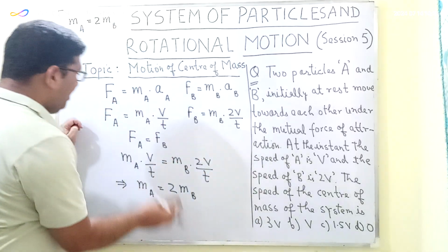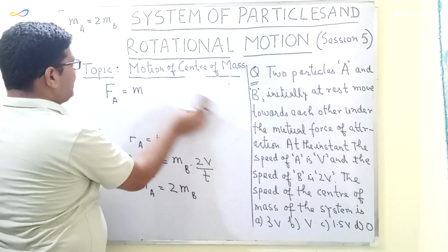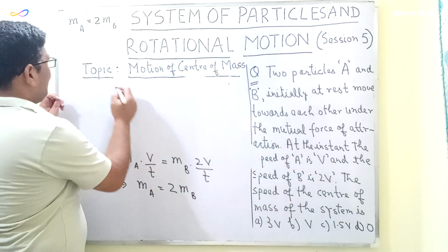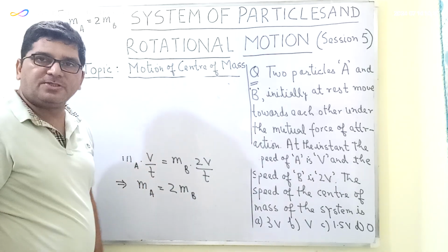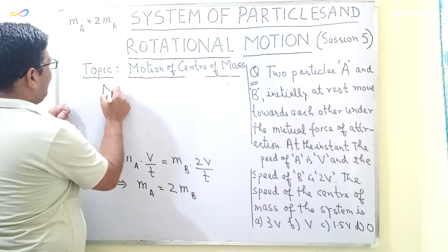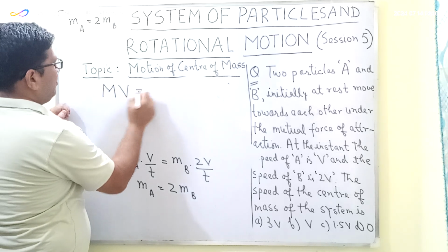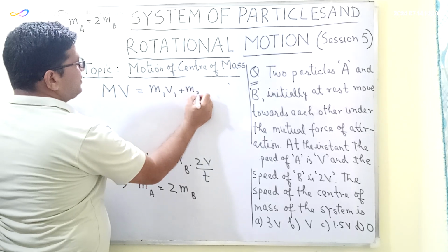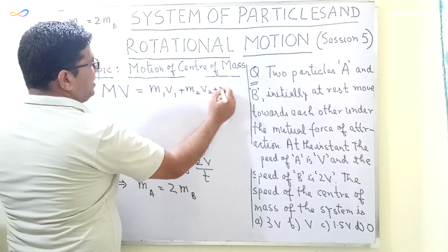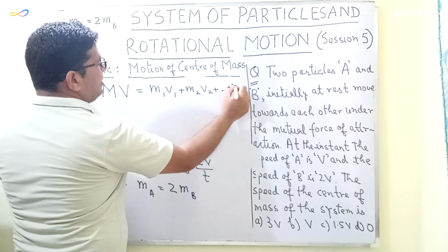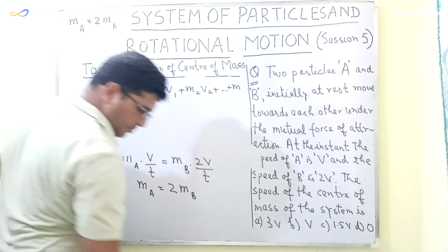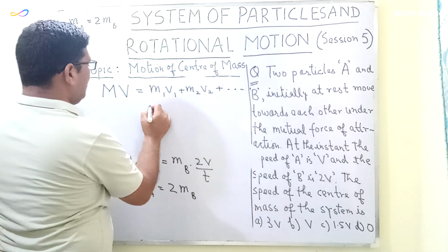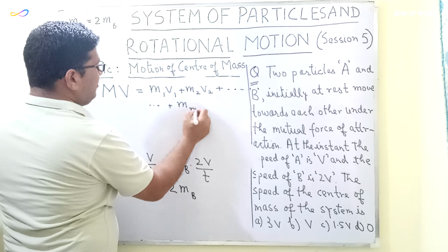Now in the previous session, that is session number 4, we have learned that the velocity of the center of mass is given by Mv is equal to m1 v1 plus m2 v2 plus and so on, up to mn vn.